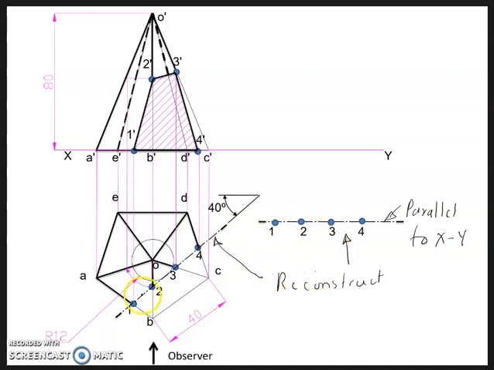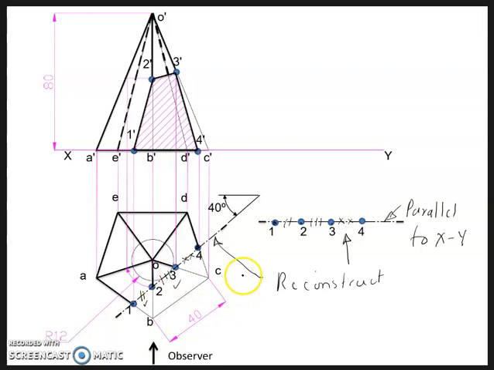Okay. So all these distances are taken from here. Okay. These are the distances you have to take. It is 1, 2, 2, 3 and 3, 4 is equal to 1, 2, 2, 3 and 3, 4 in the actual section.